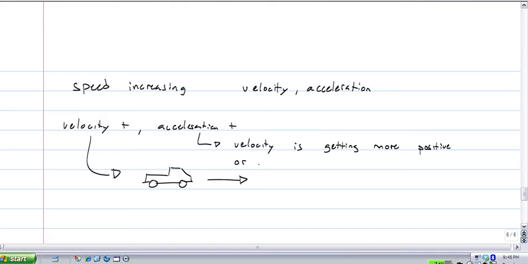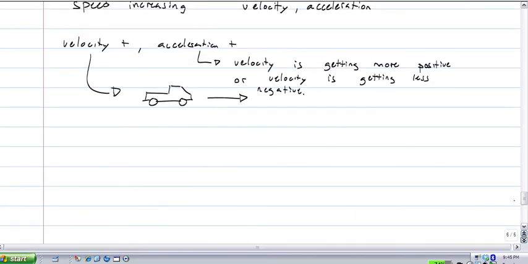If acceleration is positive, your velocity is either getting more positive, or your velocity is getting less negative. Now that's kind of confusing. Here's another way to think about positive acceleration.